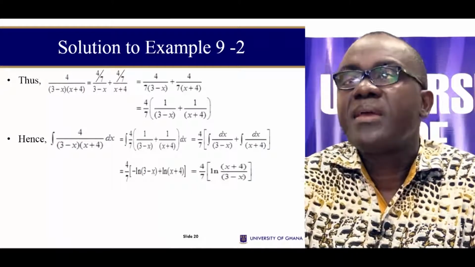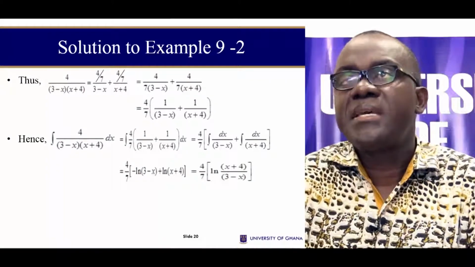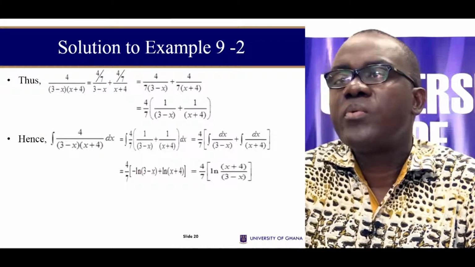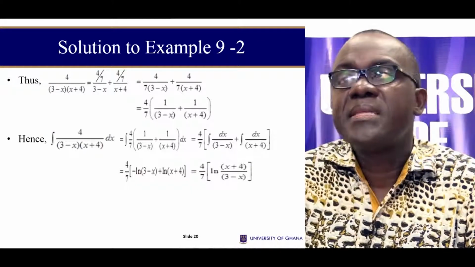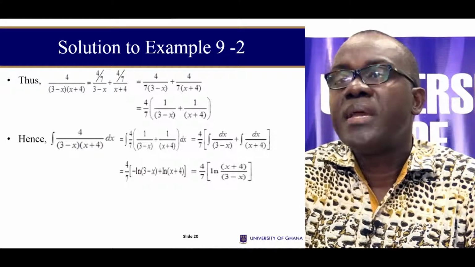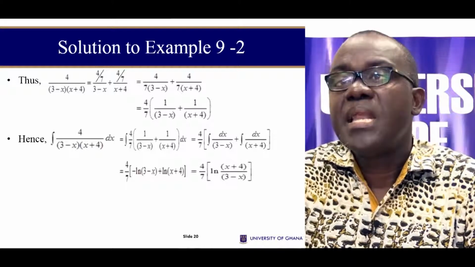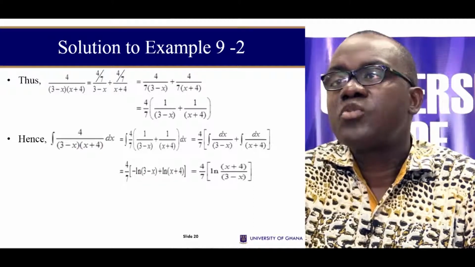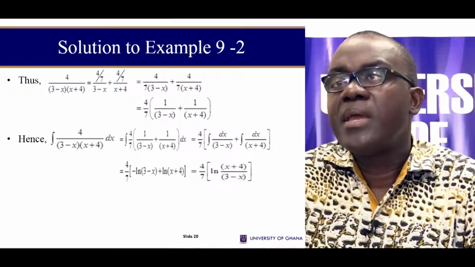And from here, we'll find it easy to integrate what we have over here. We integrate them, giving us the natural log, with a little manipulation, and then we have our natural log to be what we get over here.